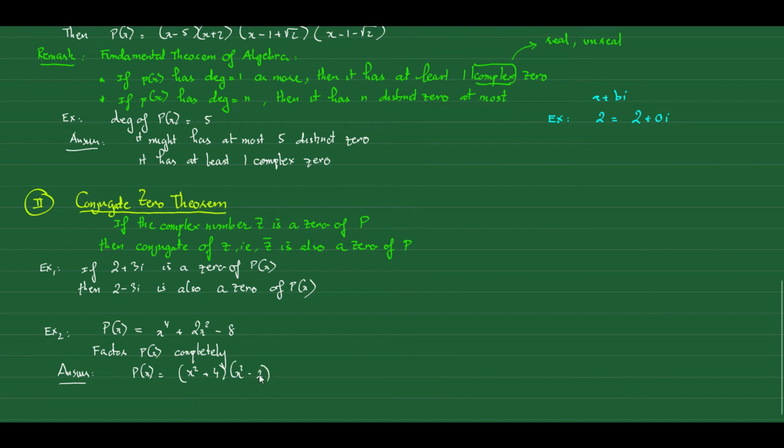Right over here we have x squared plus 4, and our 2 is actually the square root of 2 squared, so that's a difference of squares. So I can write this as x squared minus square root of 2 squared. So this is x squared plus 4, and this is the difference of squares, so x plus square root of 2, x minus square root of 2.